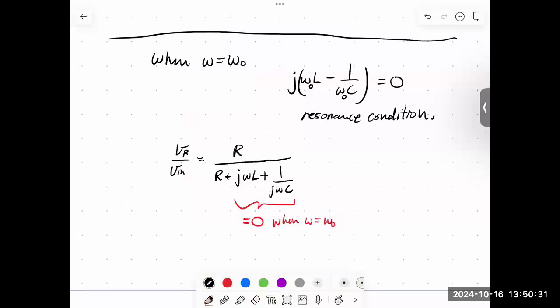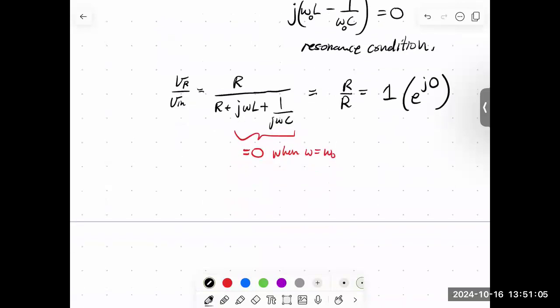And so what we're left with is R over R, 1. That makes sense for the ratio of amplitudes. But what about the phase? Well, if I wanted to, I could multiply it by e to the j0. j times 0 is just 0, e to the 0 is just 1. So I'm multiplying by 1.